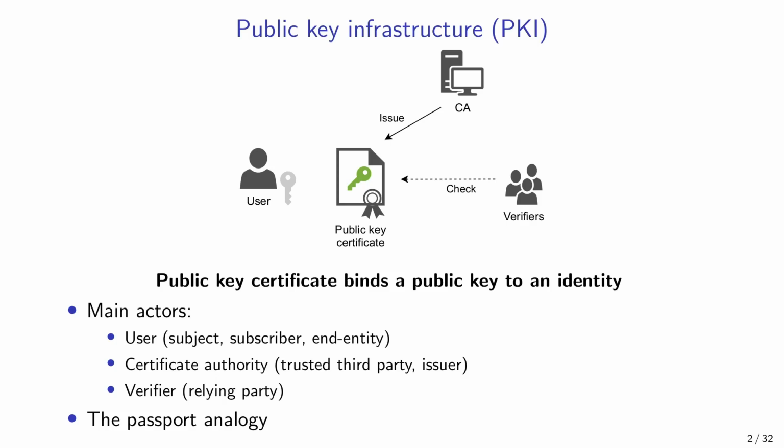And the relying parties are those who rely on the identity document when verifying the identity of the document holder. So you see that this is the same idea. The only difference is that here the certificate authority uses a digital signature to provide integrity for the certificate. And the purpose is to establish the ownership of a public key and not the biometric data.